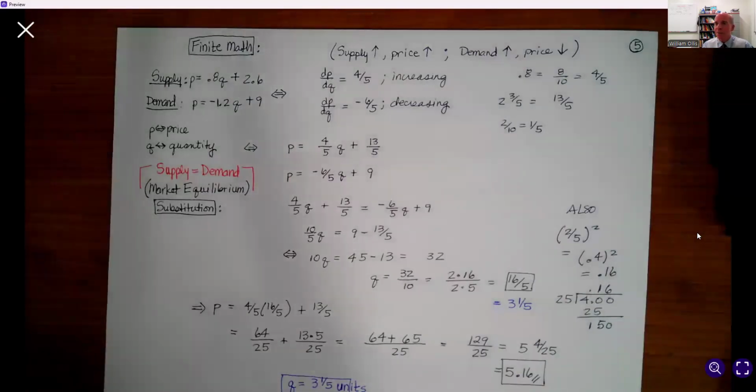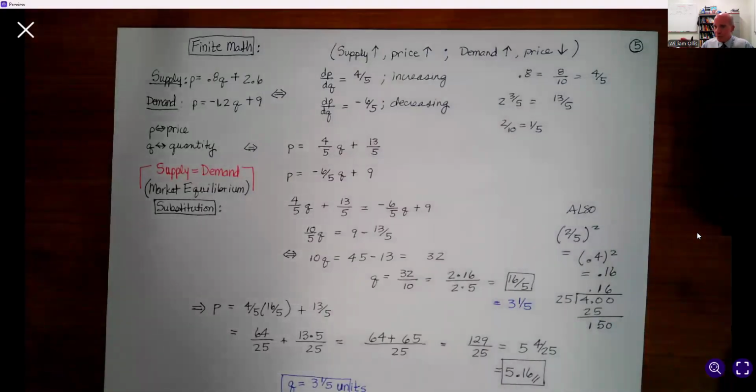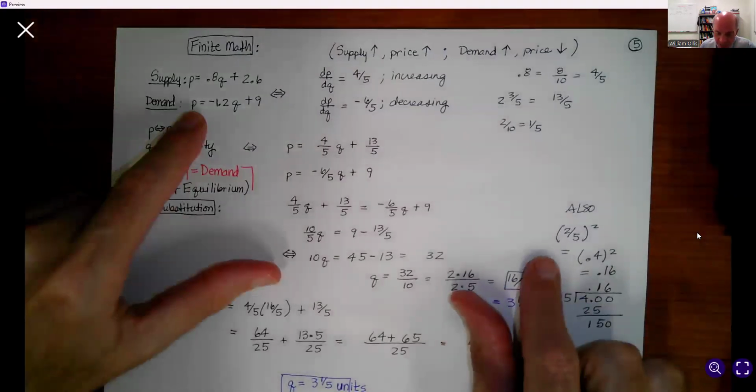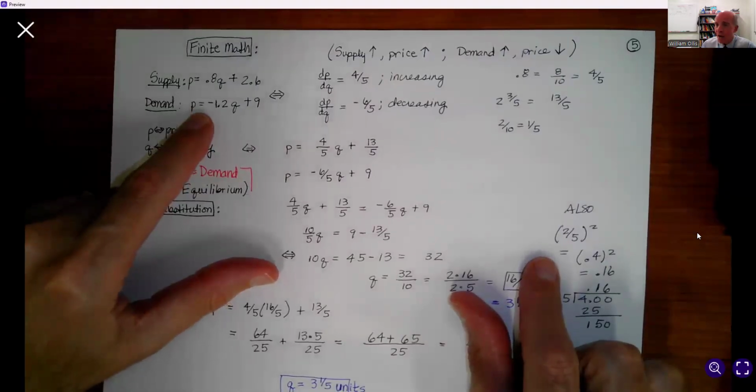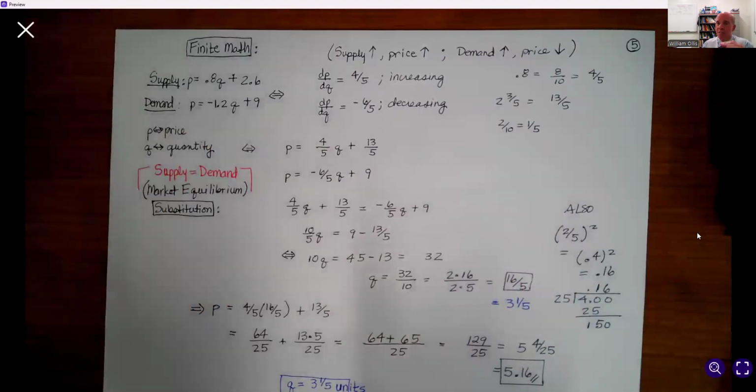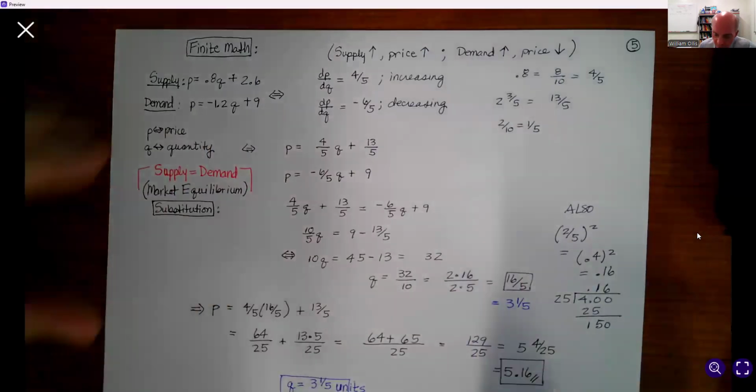So as the independent variable gets larger, so does the dependent variable. So in the demand case, we have just the opposite of that. We have a negative slope. So the increase and decrease are opposed, so to speak. As one variable gets larger, the other variable necessarily gets smaller.